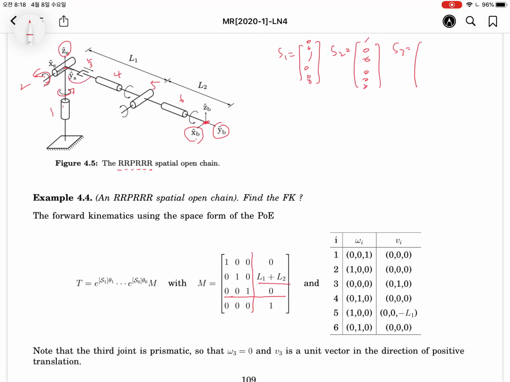S3 is the prismatic joint. So in this case, there is no rotation movement, so 0, 0, 0. It is denoted by the prismatic joint. How about the linear velocity?